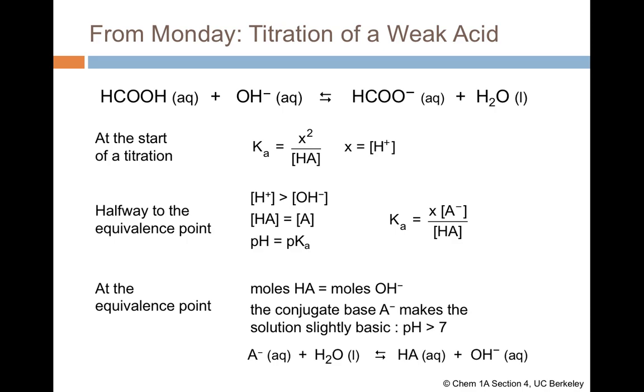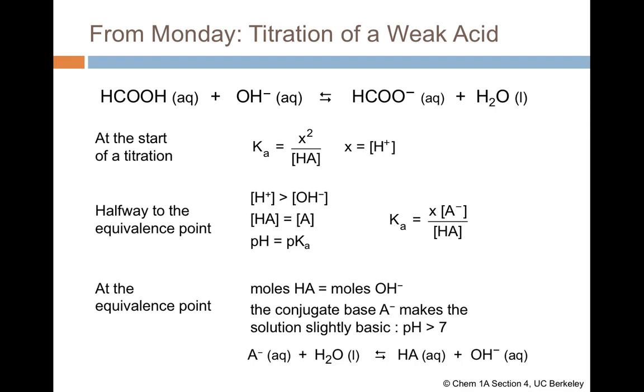It is not a perfectly neutral solution. When you titrate a weak acid, you are making the conjugate base A minus, and that little conjugate base is a little bit basic. It can react with water, as shown in this equation here, to make HA and a little excess of hydroxide, OH minus, that will lead you to a basic pH greater than 7.